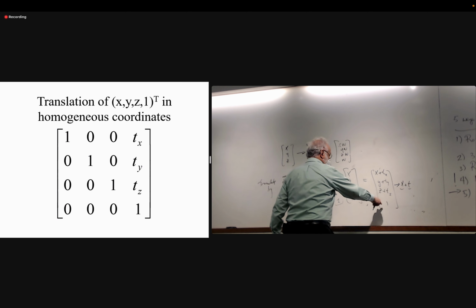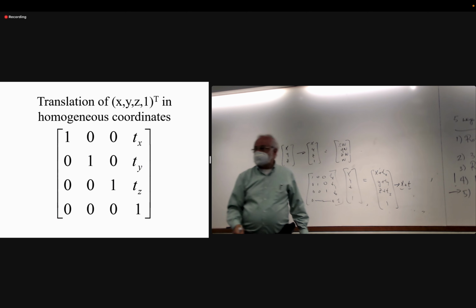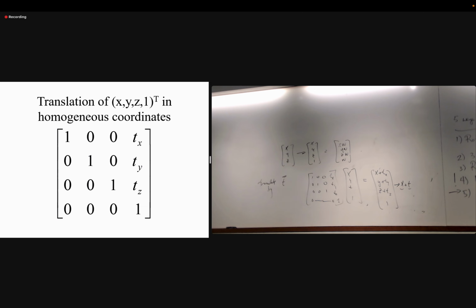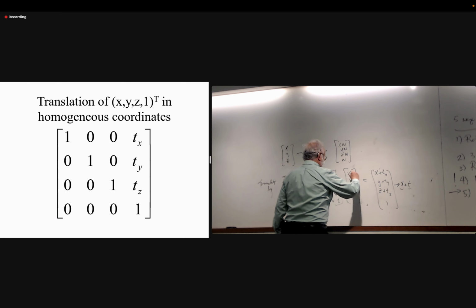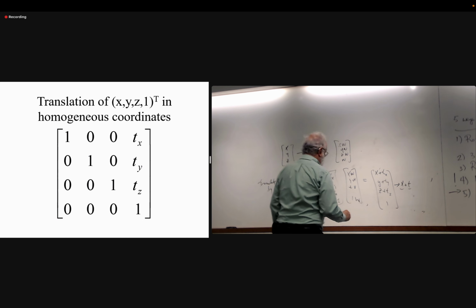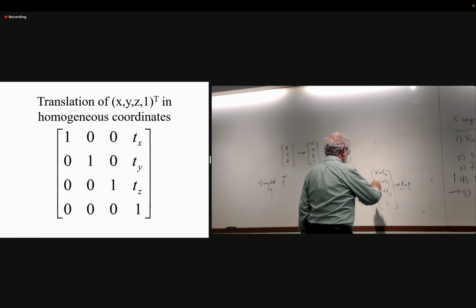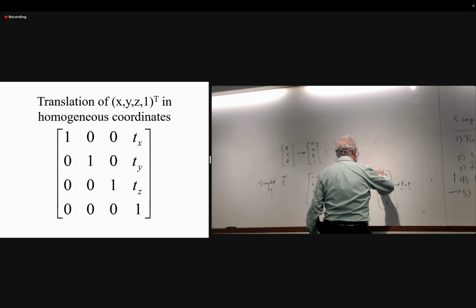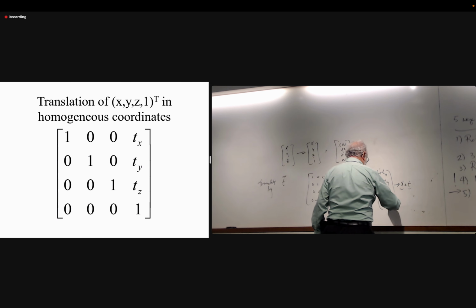If I throw away the 1. So translation is got by multiplying by this matrix. And if you put a w in all x, y, z, w, so if you represent this by this, then what you're going to get is wx, wy, wz, w.